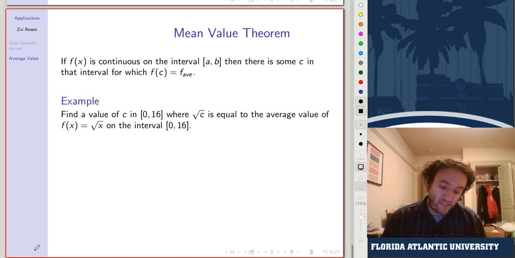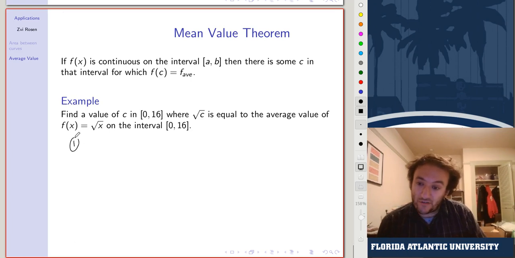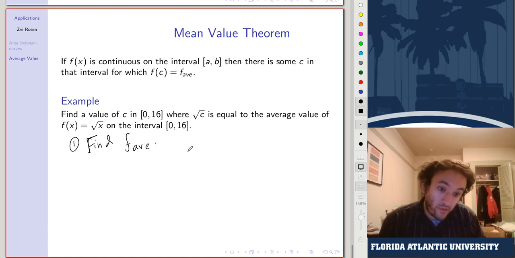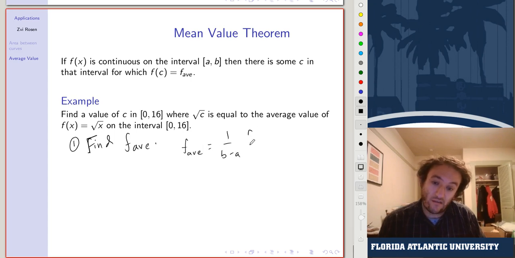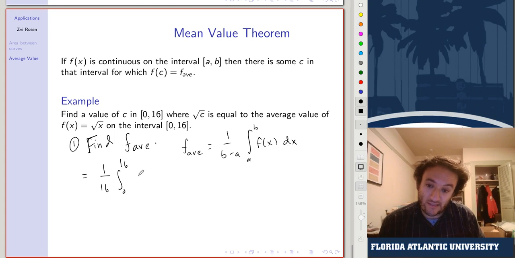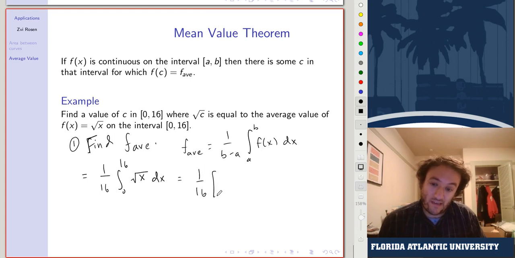The first step to this problem is to find the average. We have a formula for this. f average equals 1 over b minus a times the integral from a to b, f of x dx. And this is 1 over 16 times the integral from 0 to 16 of the square root of x dx, which is 1 over 16 times this.